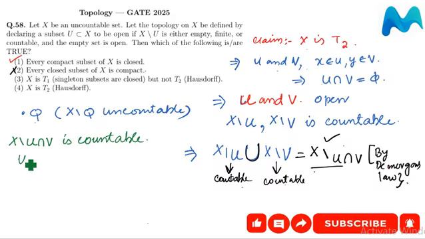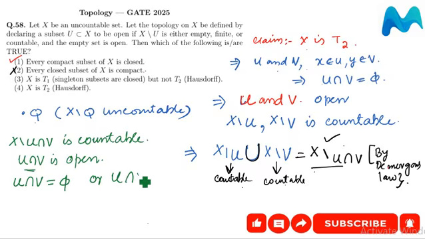What does that mean? U intersection V is open. Now the question is whether it is empty or not empty. If this is empty, then X is T2. But if it is not empty, then X is not T2. So assume that it is empty.